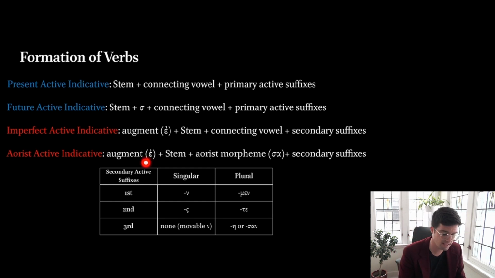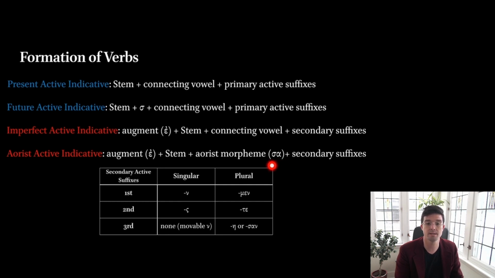You have the augment. So the augment is going to be our clue that we are in past time, since both the imperfect and the aorist indicate past time. Then just like the imperfect, the aorist is going to use a stem. And what's going to be different about the aorist, the first aorist anyway, we'll talk about the second aorist in just a second, is that the first aorist is going to use an aorist morpheme, and this morpheme is sigma alpha, or saw, with the secondary suffixes added on to that saw.